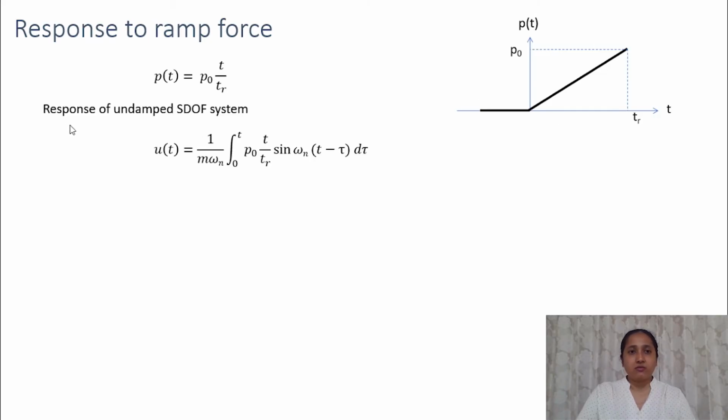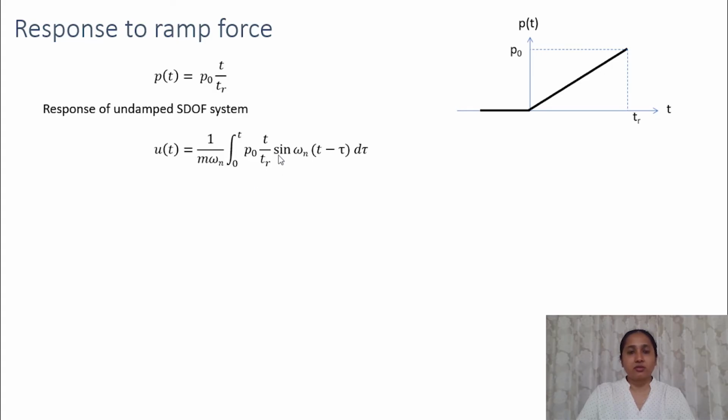Again, for an undamped SDOF system, we can use Duhamel integrals and substitute the value of p(t) here. So it would be 1 by m omega n, integral of p naught tau by tr, sin omega n (t minus tau) d tau. Same as the previous expression, we just have to replace the forcing function.